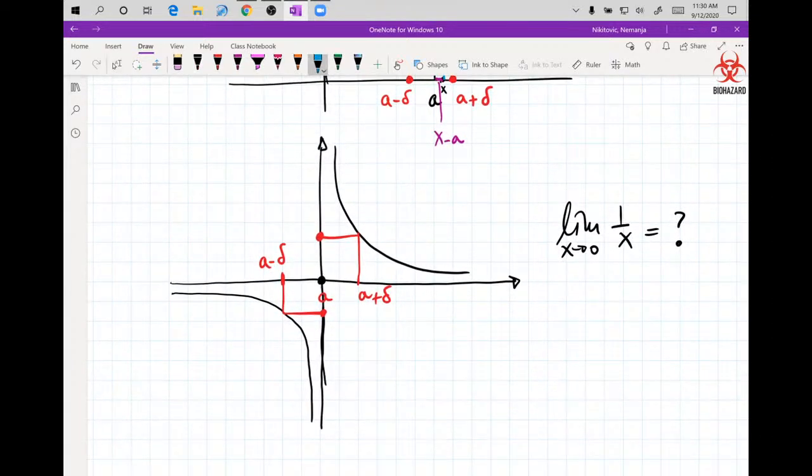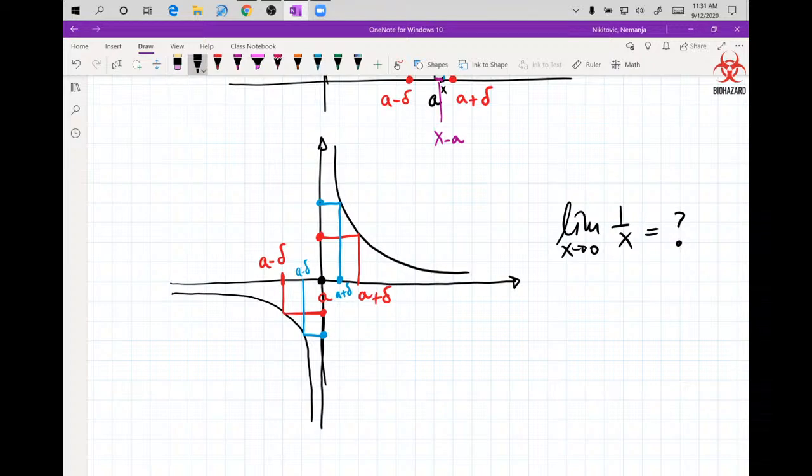Now look what happens here. If I am to go in and make a new one, a minus delta blue now, and a plus delta, you see how they're further apart now on the y-axis? They do not get closer, they do not share a point, and because they are not doing that, there's no limit.